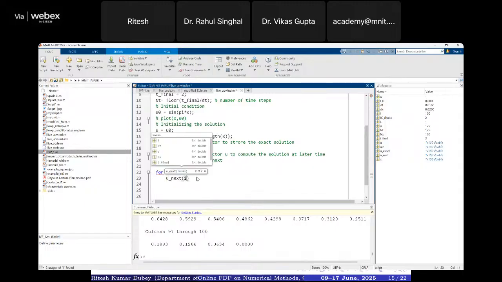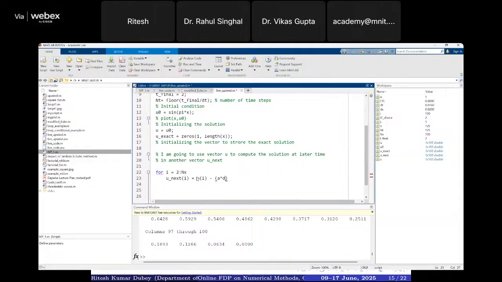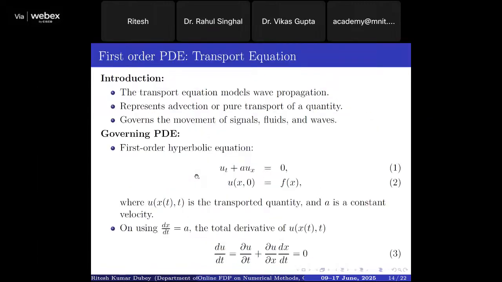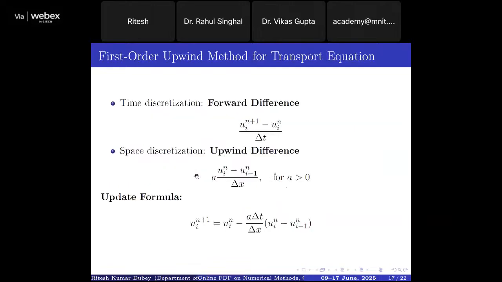So u next i is equal to u at i minus a star dt by dx star, the CFL number basically. So here you have a dt by dx.